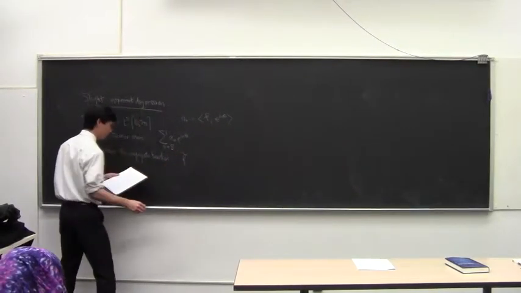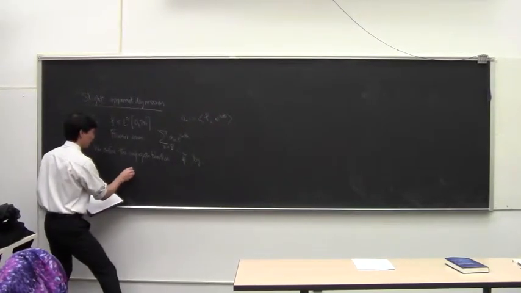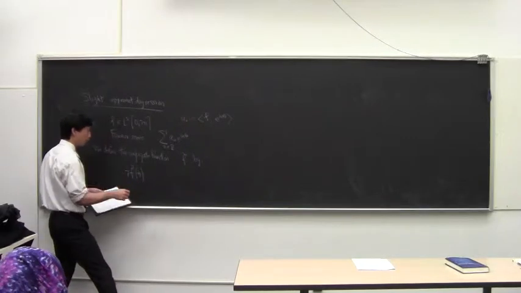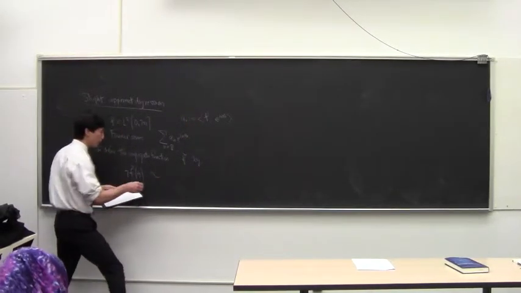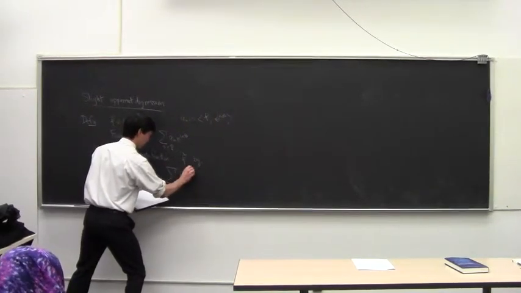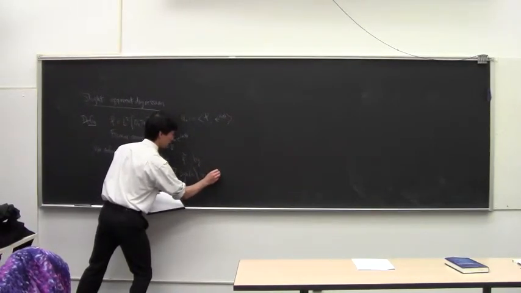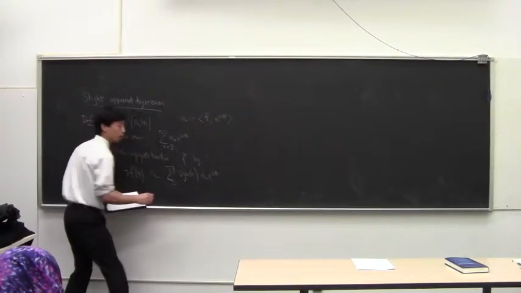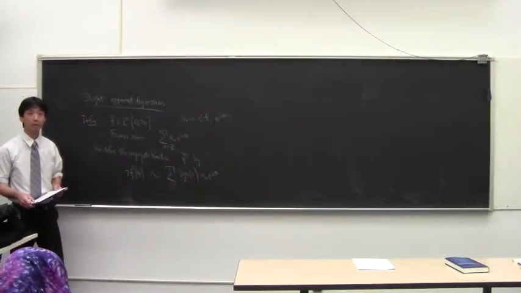Define the conjugate function f tilde by: i f tilde(θ) is the function associated with the Fourier series sum of sign(n) a_n e^{inθ}.